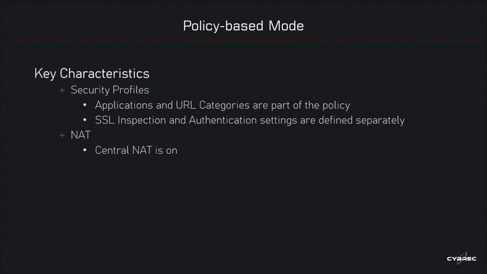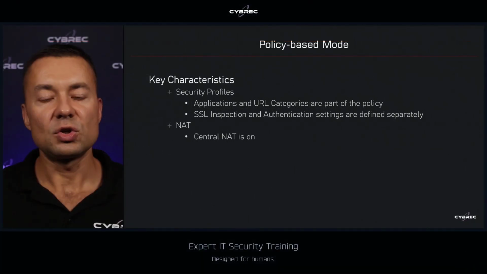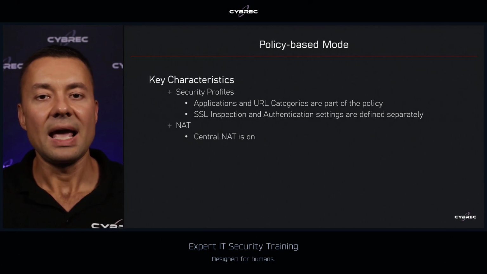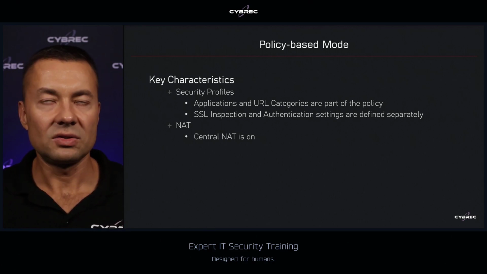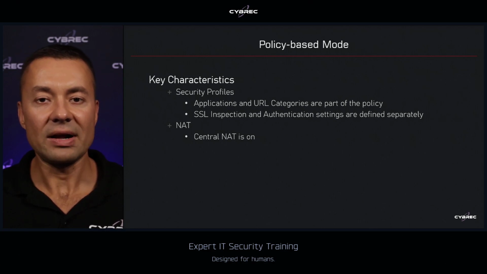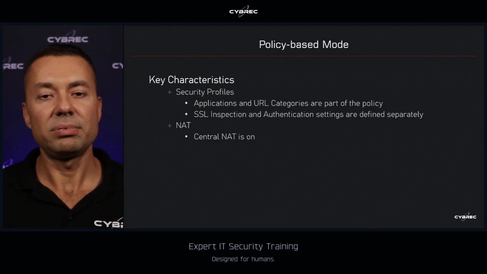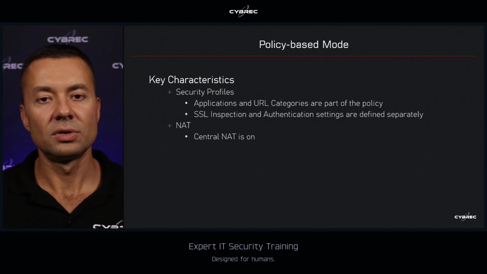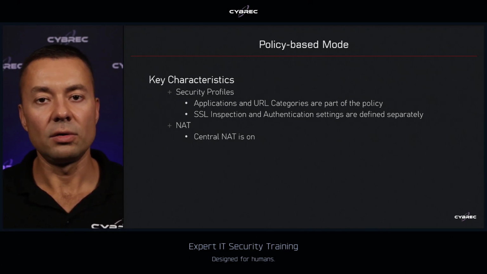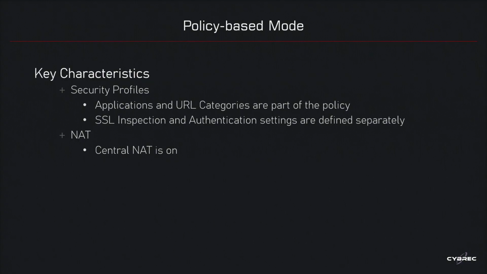Plus, when it comes to network address translation, central NAT is enforced, which means that all your network address translation configuration is done in one place, let's call it the NAT policy. So you no longer configure NAT directly within a rule. You've got one place where you add rules, which will eventually affect all communication that goes through the firewall.